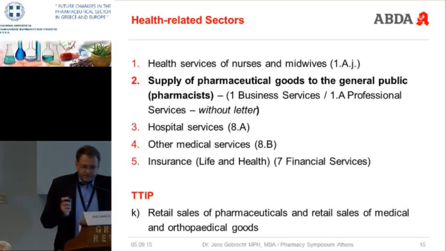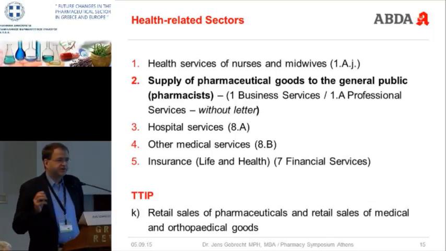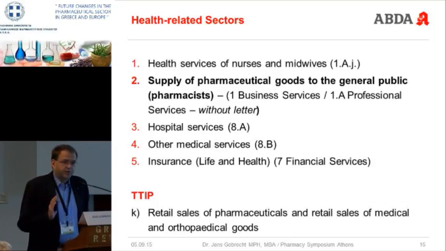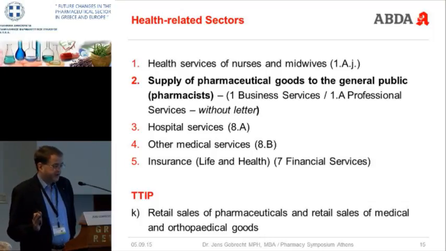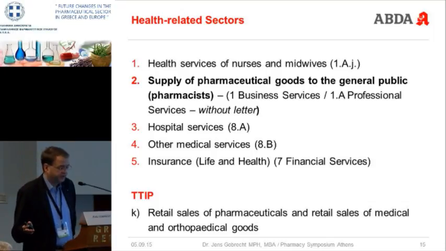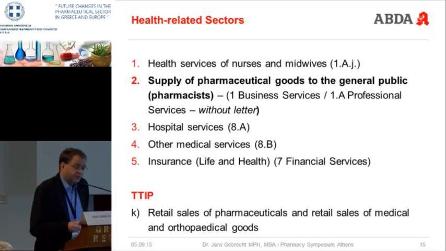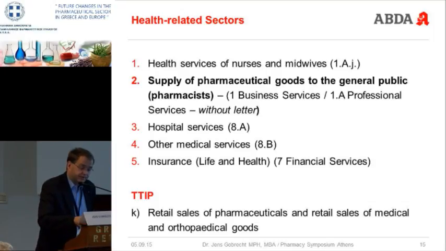Here, this is quite interesting. I have just listed, without a guarantee that this is exhaustive, some sectors that are health related. So first sector is called health services of nurses and midwives, and then we have something which is in principle the supply of pharmaceutical goods to the general public by pharmacists.